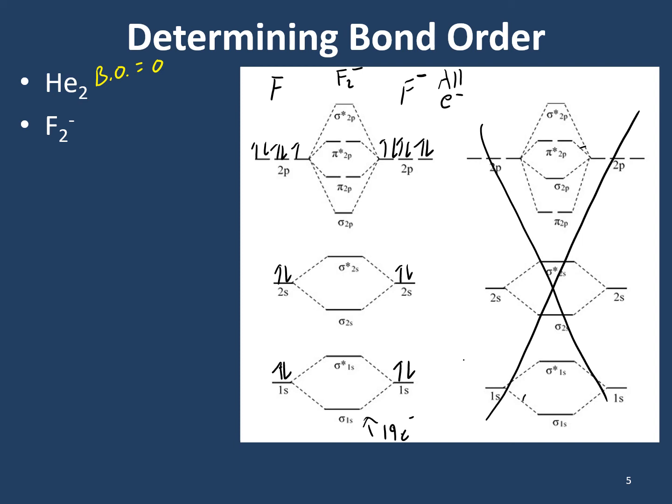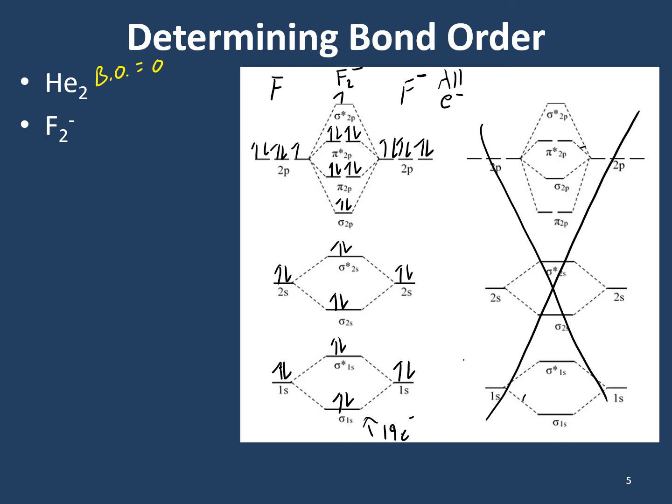So going from the very bottom, 1 up, 1 down, 1 up, 1 down, that's 4, 5, 6, 7, 8, 9, 10, 11. Now according to Hund's rule, because these two orbitals are at equal energy, 12 goes there, then 13, 14, 15, 16, 17, 18, 19 electrons are now in my MO diagram for F2 minus 1.